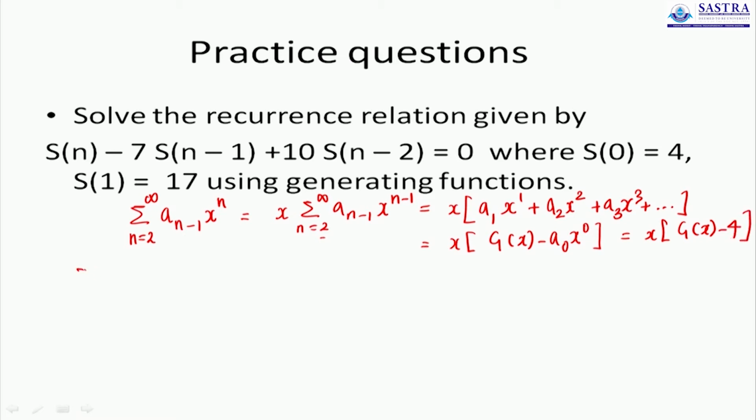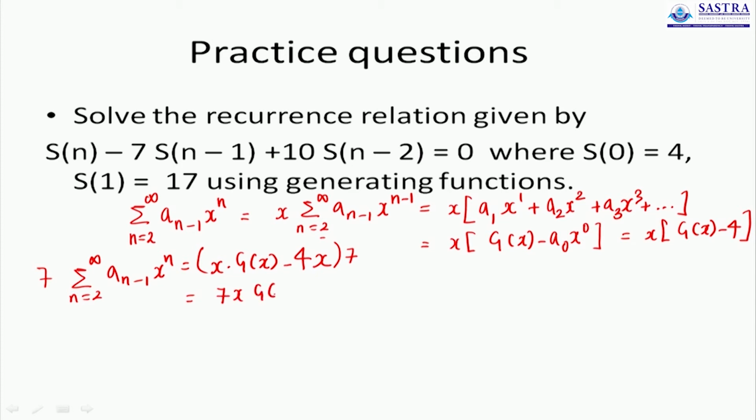Or in other words, the second summation, which is part of the recurrence relation, a n minus 1 x raised to n, is x times g of x minus 4x. The last part, and you had a 7 in the front, so this is all multiplied by 7. So you have 7x g of x minus 7 times 4, that is a 28 and an x.